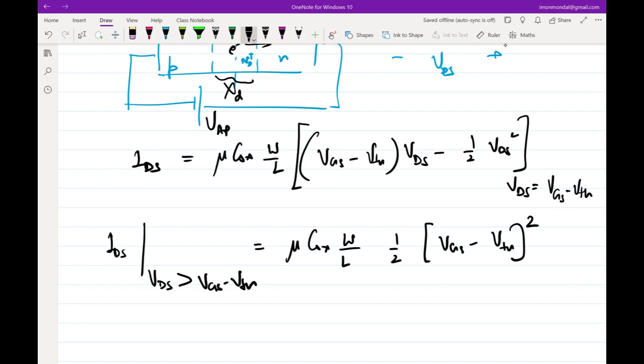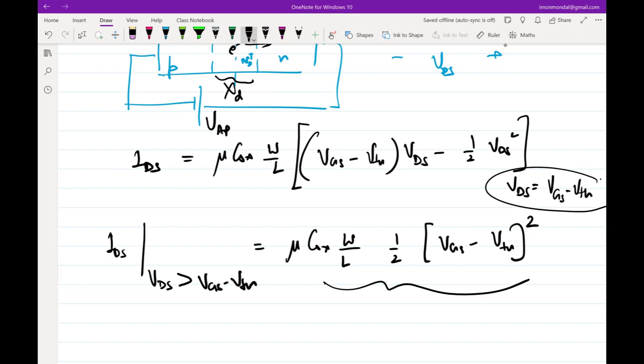Mathematically, I could have as well written this as half of VDS squared, but would that equation be accurate to express the current in this region when VDS was greater than VGS minus VTH?